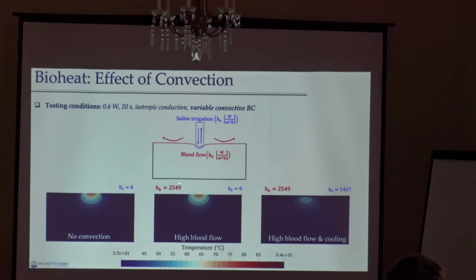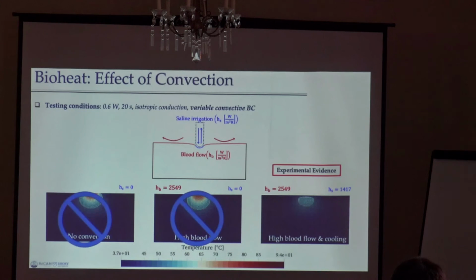As soon as you switch on a convective term, the lesion changes a little bit, and if you have both, the lesion forms inside the tissue, not on the surface, okay? And it turns out that this is the most realistic one from an experimental point of view. Of course, with time passing, the lesion is going to reach the endocardium too. But if you have the saline irrigation, the lesion forms inside the thickness.